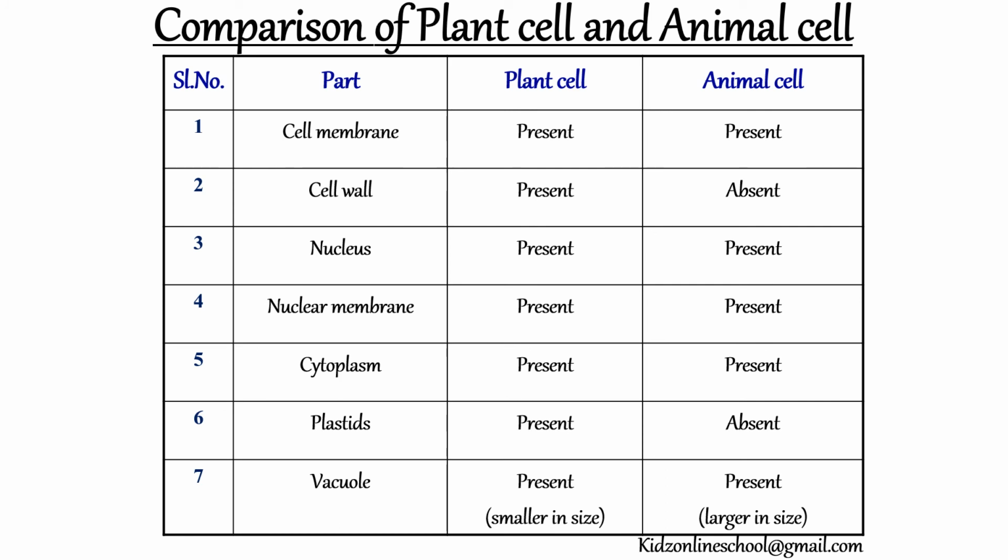Nuclear membrane, plant cell present, animal cell present. Cytoplasm, plant cell present, animal cell present. Plastids, plant cell present, animal cell absent. Vacuole, plant cell present, larger in size; animal cell present, smaller in size.